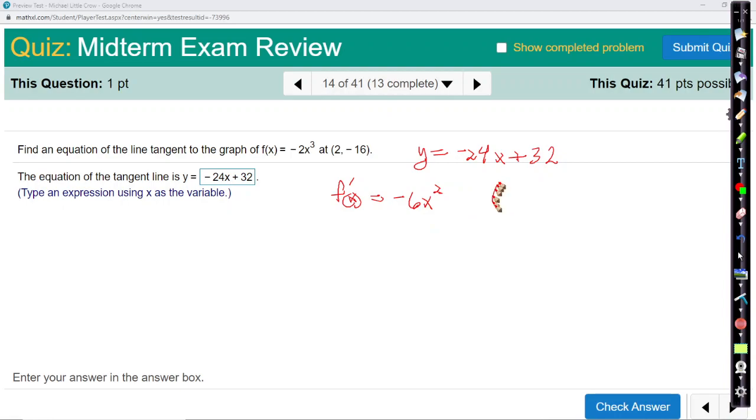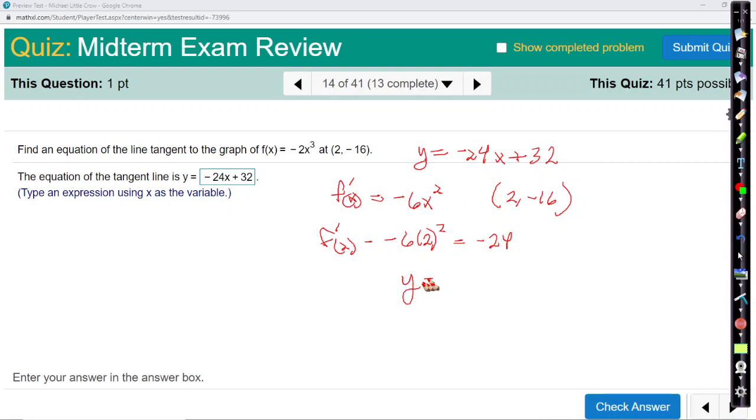We want it at the point 2, negative 16, so we plug in 2 for x. So the slope at 2 is negative 6 times 2 squared, that's 4. Negative 6 times 4 is negative 24, so that is our slope.